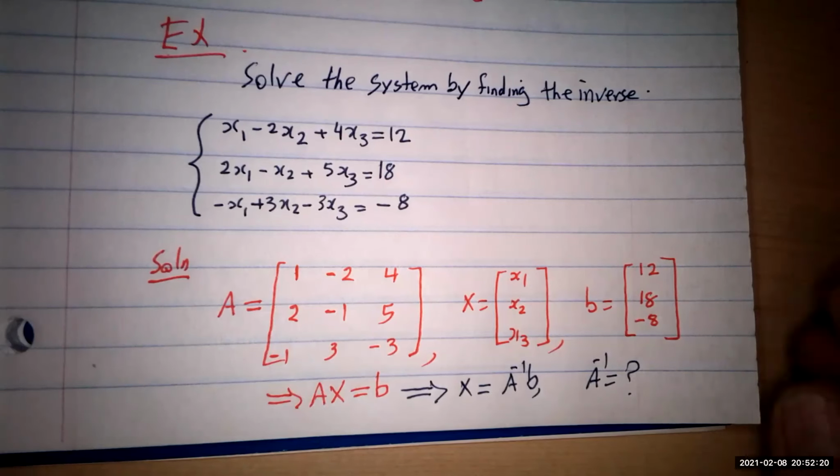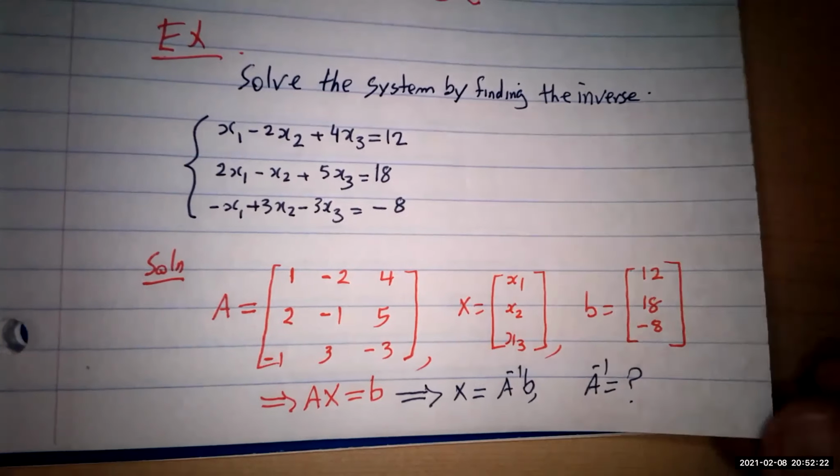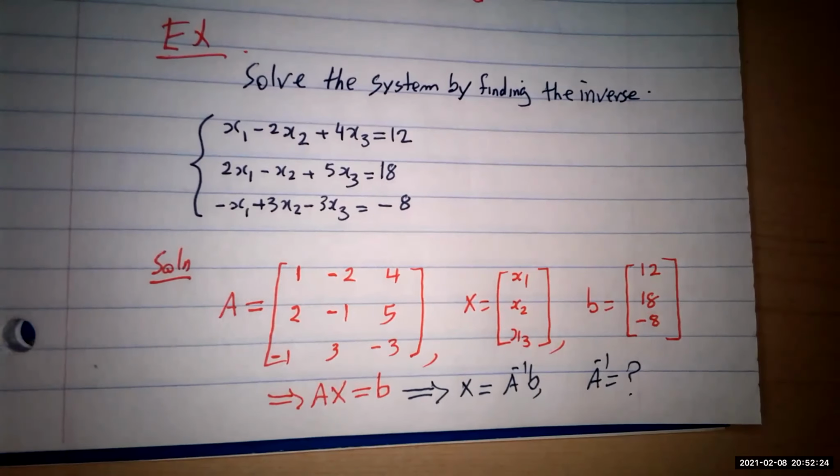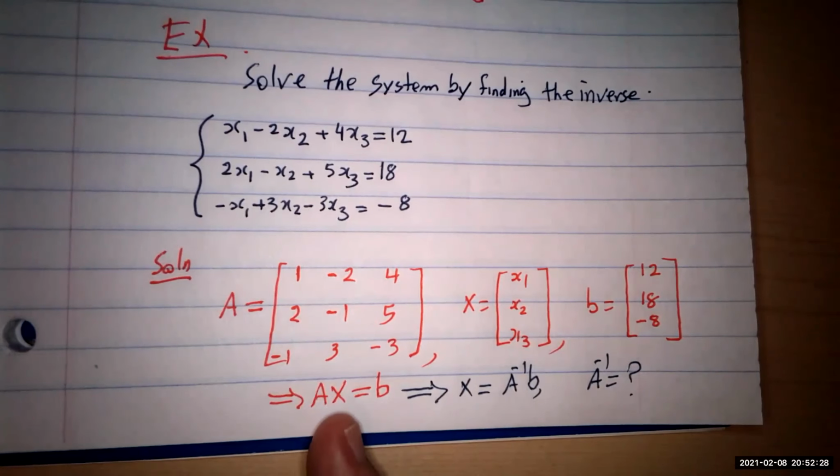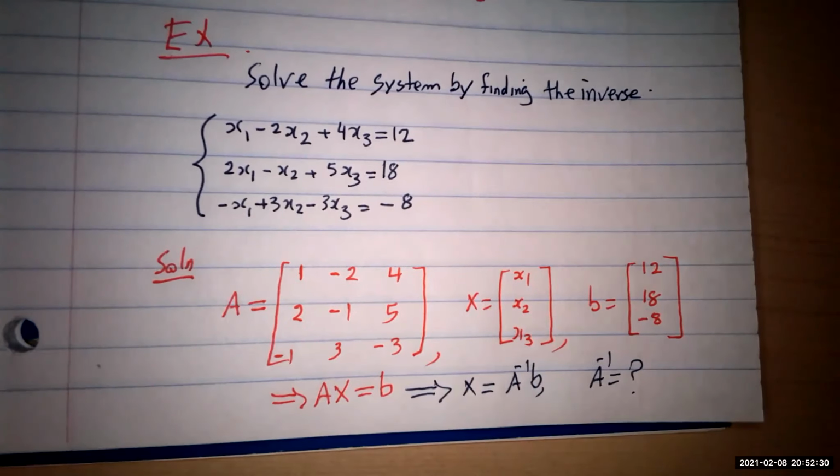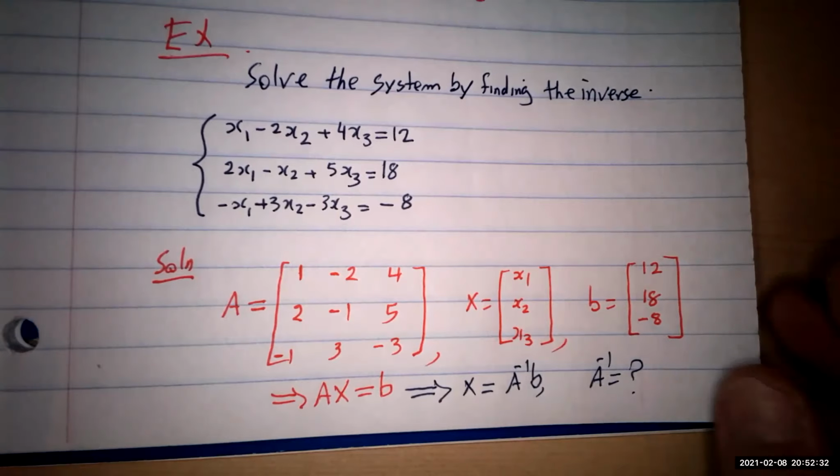So let's do it. You just translate it into the matrix equation AX equal to B, and then you want to find your X right away. We have to work on this part to get the result.